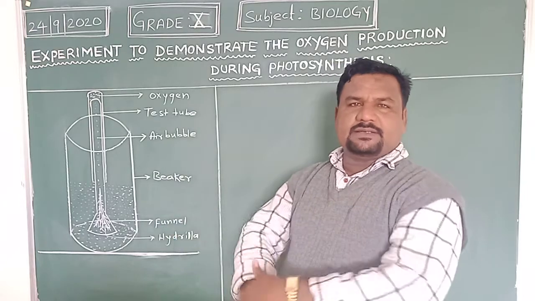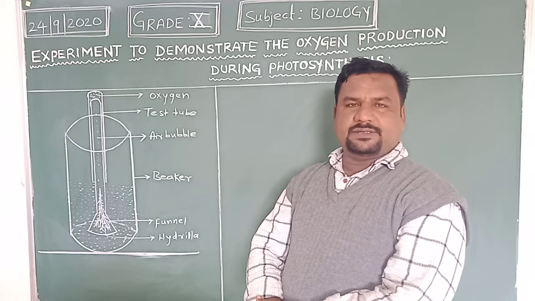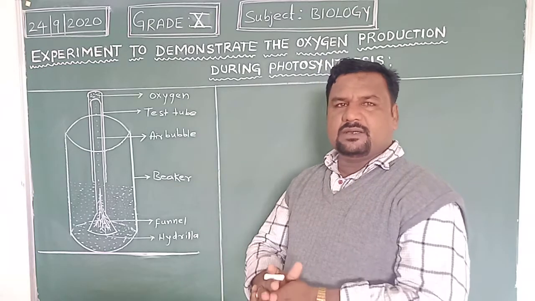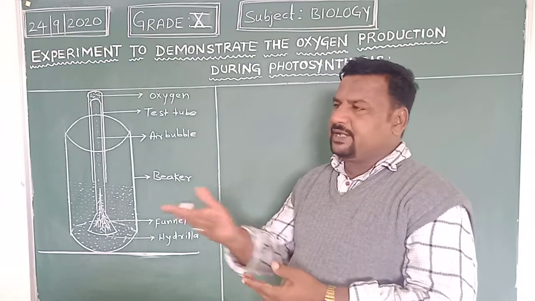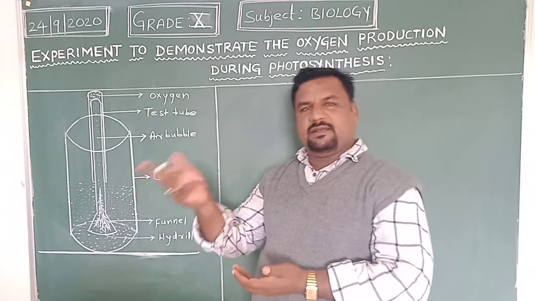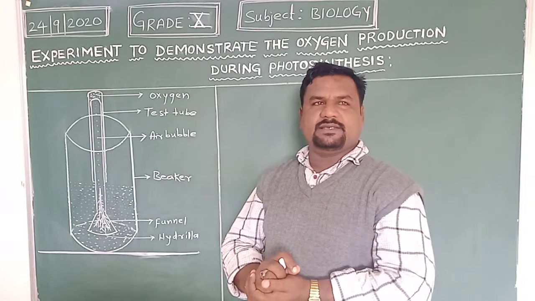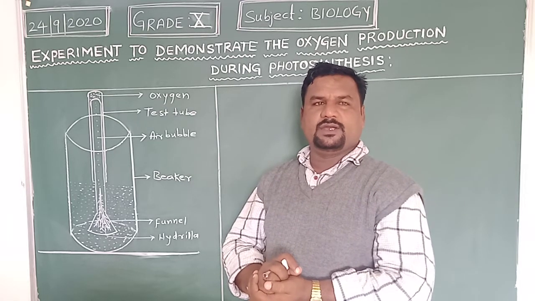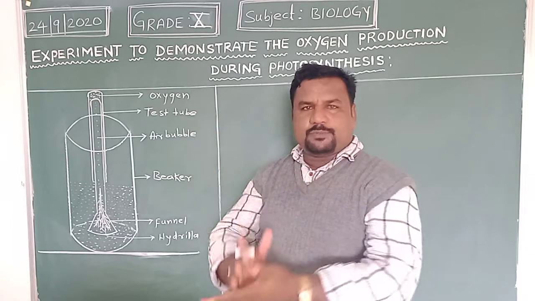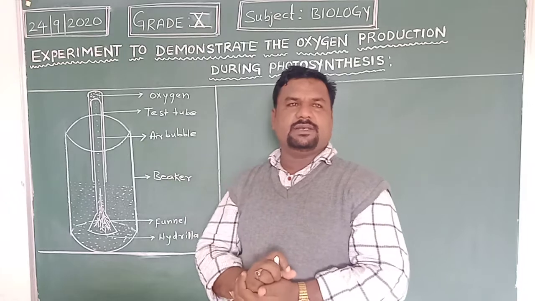The external factors are carbon dioxide and sunlight, whereas the internal factors are chlorophyll and, of course, water. All these four factors are essential for a green plant to perform photosynthetic activity.